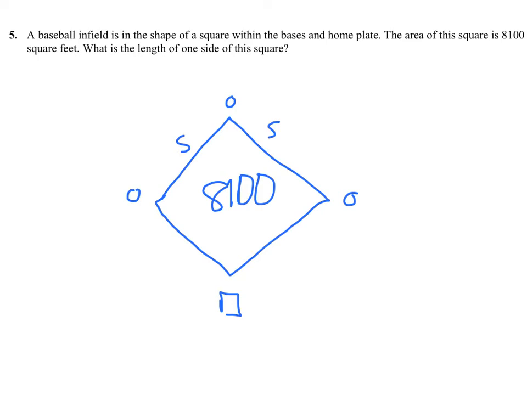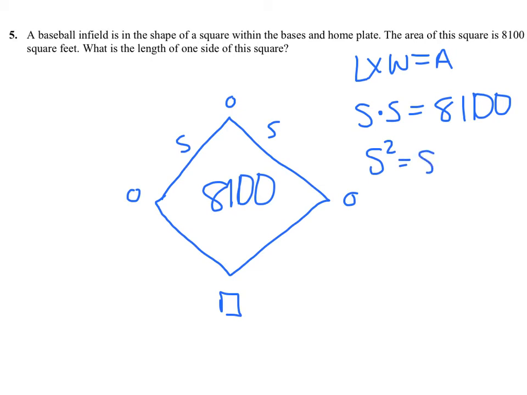So we know it's a square, and area is length times width equals area, but in this case our length and width are the same, so it would be side times side equals area, and the area we were told is 8,100. Side times side is s squared equals 8,100. All right, and then how do we solve this? To get rid of that square, you have to square root both sides.